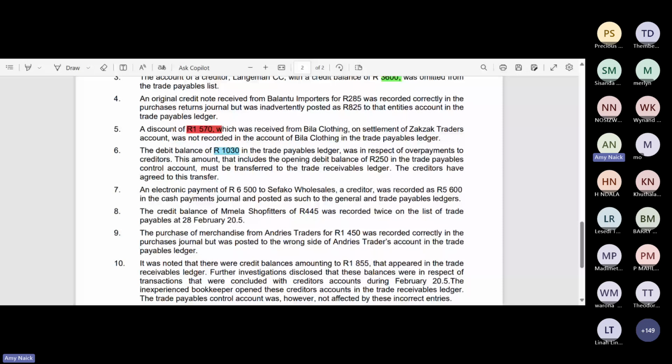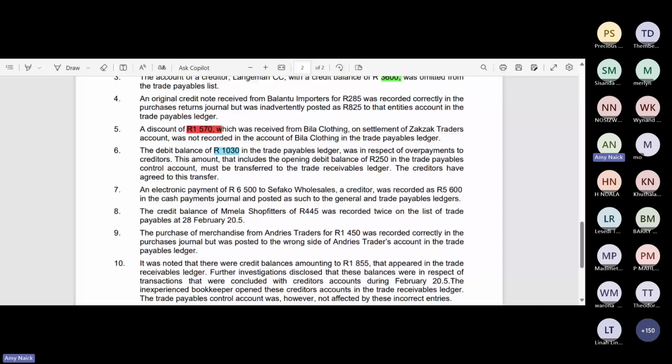Because this credit note was overstated, it means that the actual creditor had too much of the amount we owed him reduced. So effectively, we reduced his balance by more than we should have. So we need to almost increase that creditor's amount to what it should be, which is the 540 rands more.